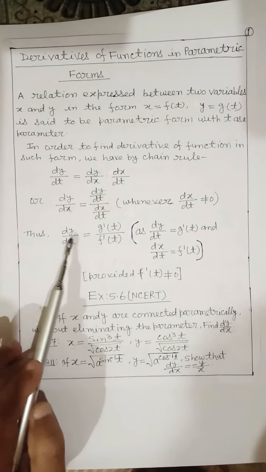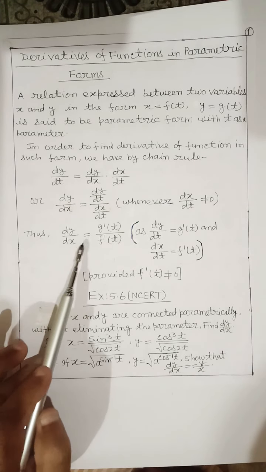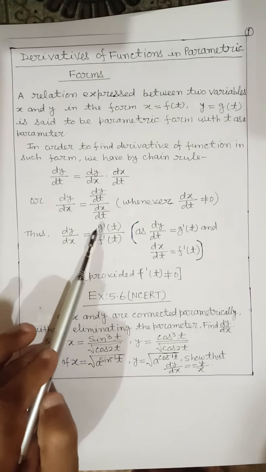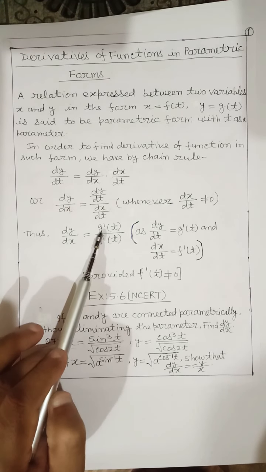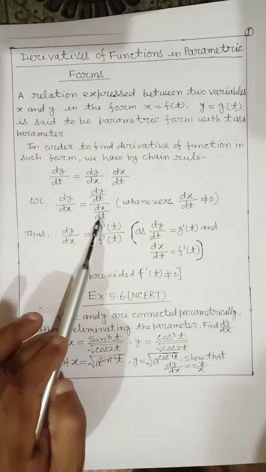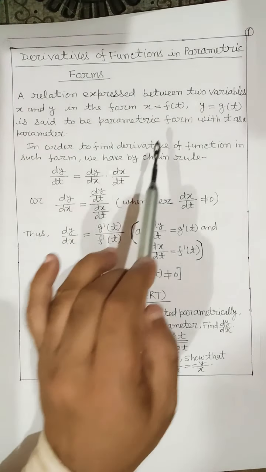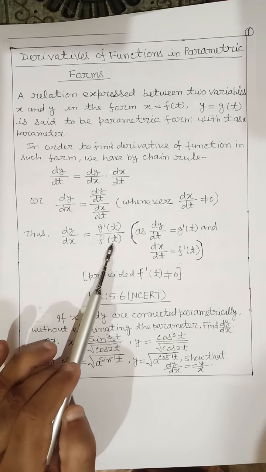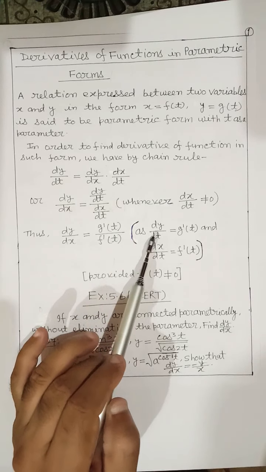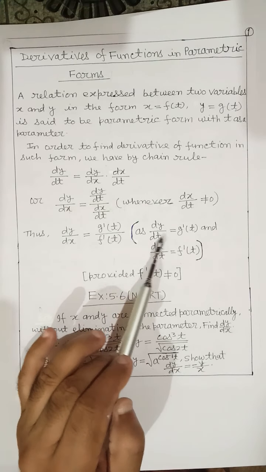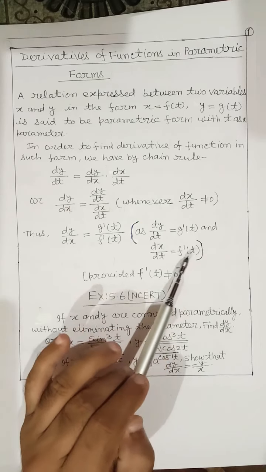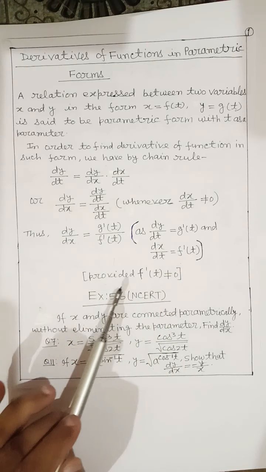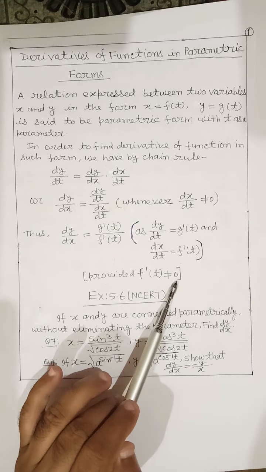Here x = f(t), so dx/dt we get f'(t), and dy/dt = g'(t), provided f'(t) is not equal to 0.